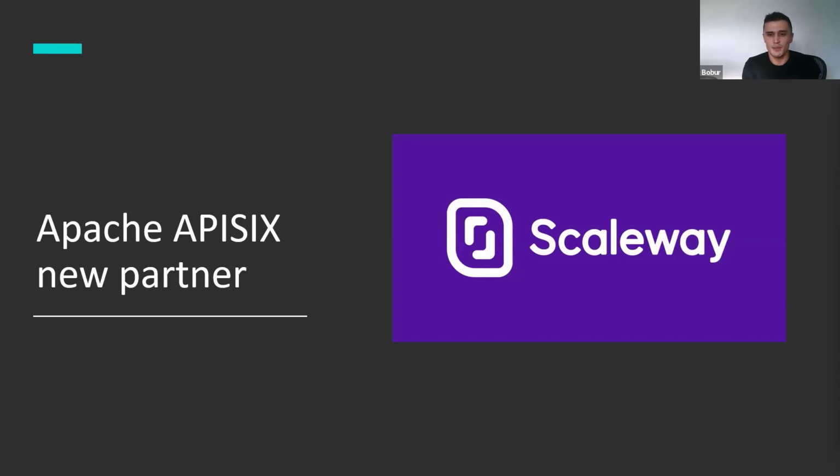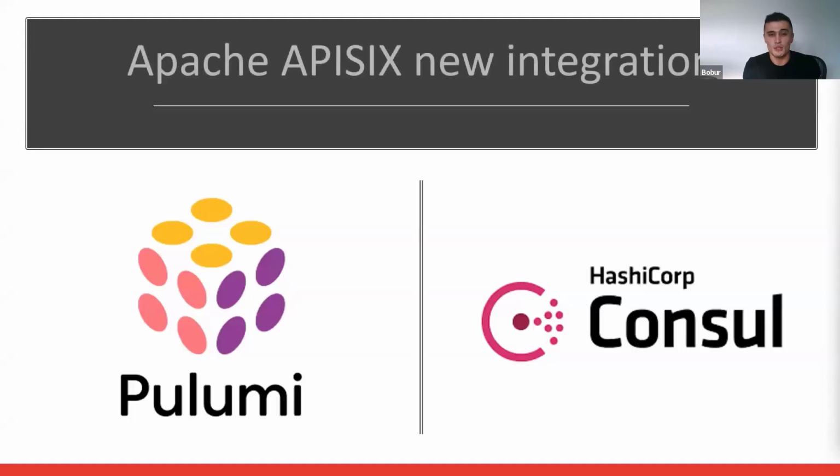And the next thing is, for example, what our community contributors are working on: automating the deployment of APISIX and the APISIX Kubernetes API gateway to the different kinds of clouds by using well-known tools like Pulumi or the open source project HashiCorp Consul.